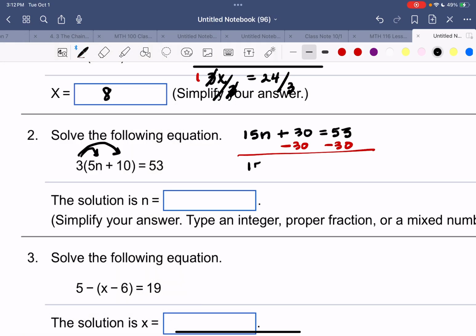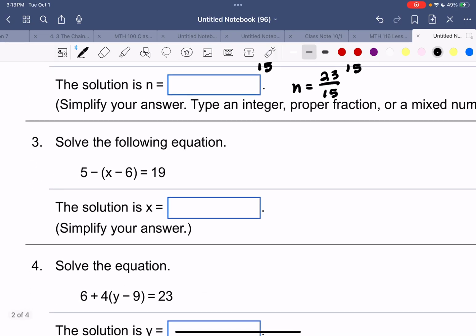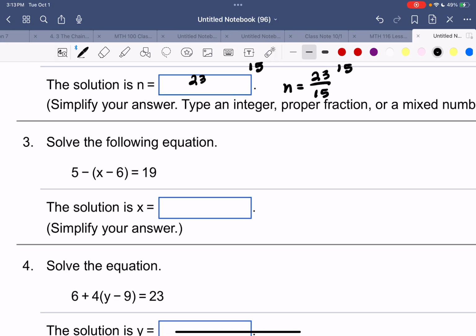And that's going to give me 15n, now that adds to 0, and that's going to give me a 23. And now since I have n as a variable being multiplied, I'm going to divide both sides by 15. So as you can see, this is not that much different yet from lesson 12, just clearing out those parentheses. So 23 over 15 is that example.